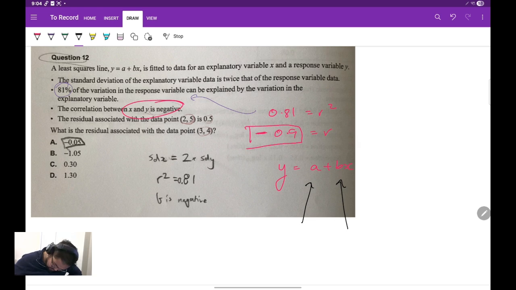The gradient is equal to b is equal to r sy over sx, and the a value is equal to the mean of y minus whatever b is times the mean of x. Okay, let's keep going from here.